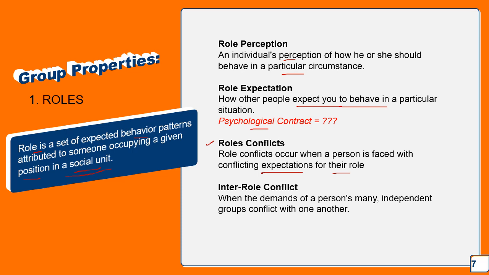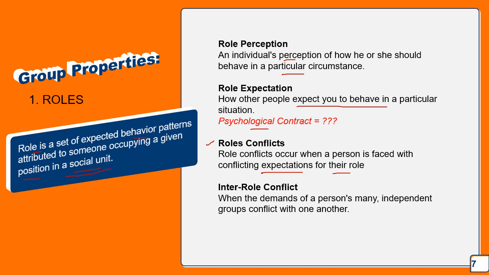Let's say I expect that as a lecturer I should show behavior A. But you, as a student, expect the lecturer to show behavior B. So my perception and your role expectation are conflicting with one another. I expect that I should behave this way, but you expect me to behave the other way. We call that a role conflict.